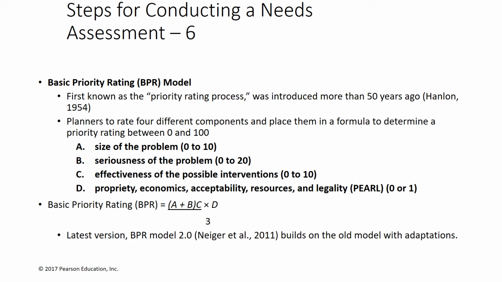So size of the problem. Basically here we're looking at to what extent this problem is distributed in the population. Probably looking at incidence or prevalence rate. Oh, and just sometimes I mix up incidence and prevalence. So the difference between incidence and prevalence.